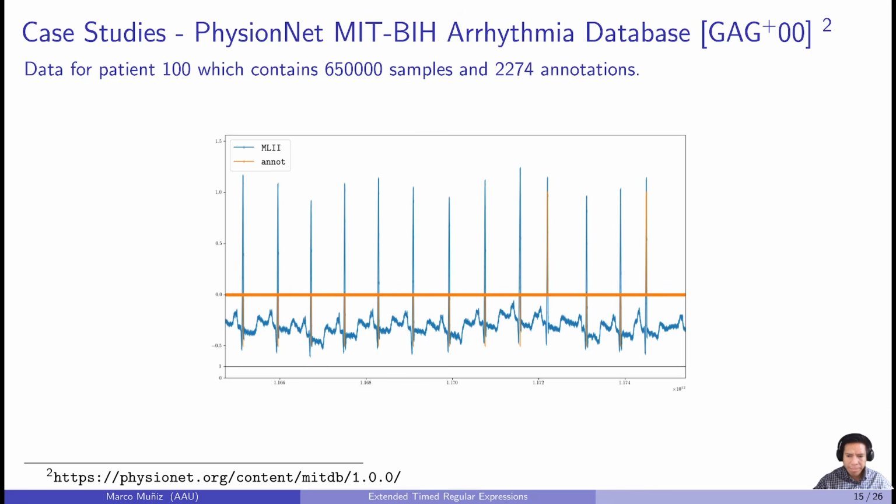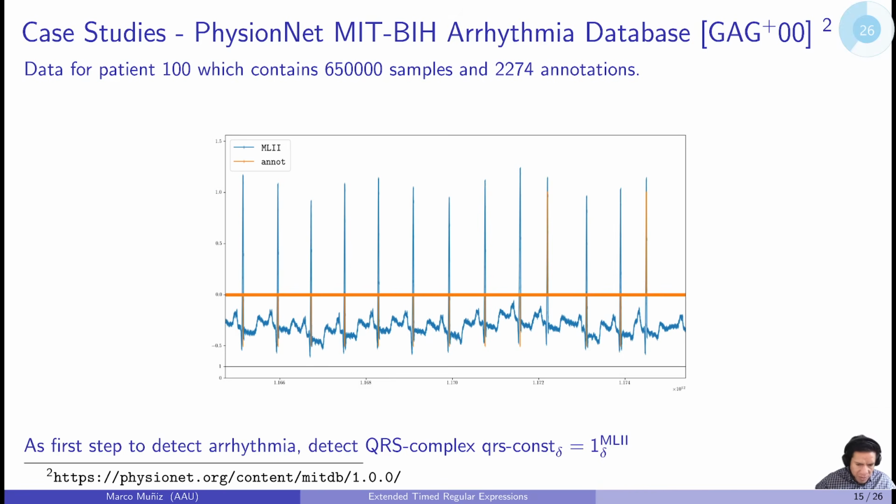Now it would be tempting to find the heartbeats using just a constant, as we have done, close to the value 1, right? This data set for patient 100 has 650,000 samples and 2,274 medical doctor annotations, which are in orange.